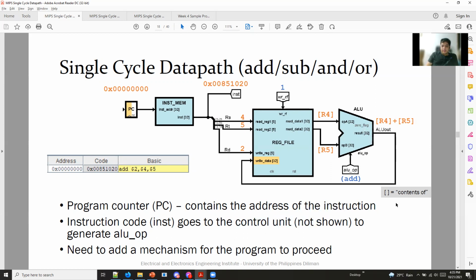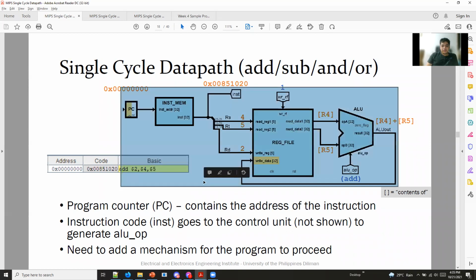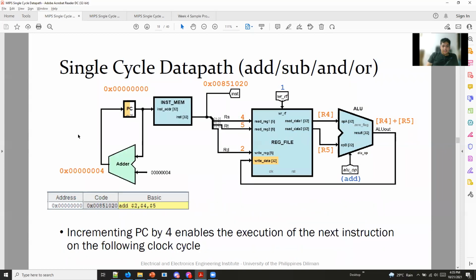So, after yung result, i-write back nyo lang sa register file kasi puro R-type instructions pa lang naman. Now, paano mag-move on dun sa next na memory? Actually, nilalagyan lang ng adder ng 4 para pumunta siya dun sa next na address.